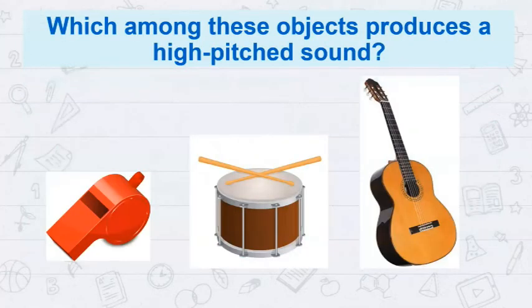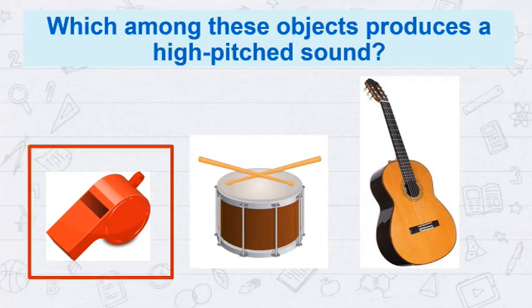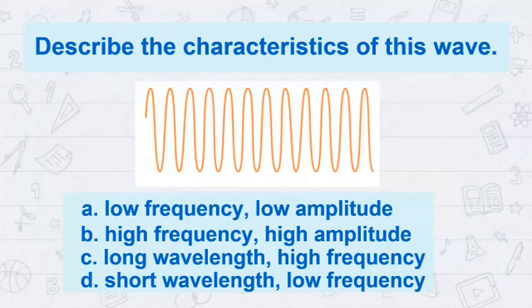Let's try this one. Which among these objects produces a high-pitched sound? Is it whistle, drum, or guitar? Correct. A whistle produces a high-pitched sound. Finally, describe the characteristics of this wave.